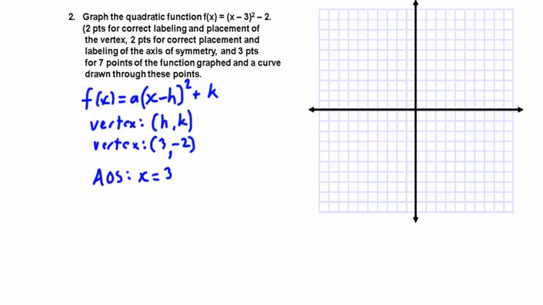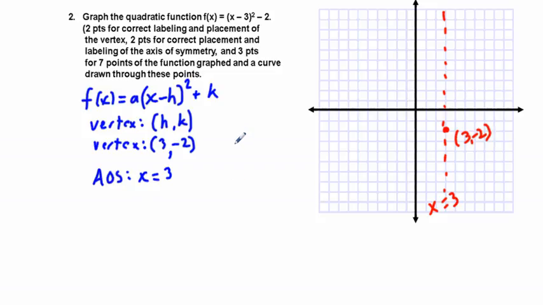So as far as the proper labeling, we have vertex of 3 comma negative 2, so I go over here to the right 3 down 2, so there's our vertex, and our axis of symmetry is going to be x equals 3.